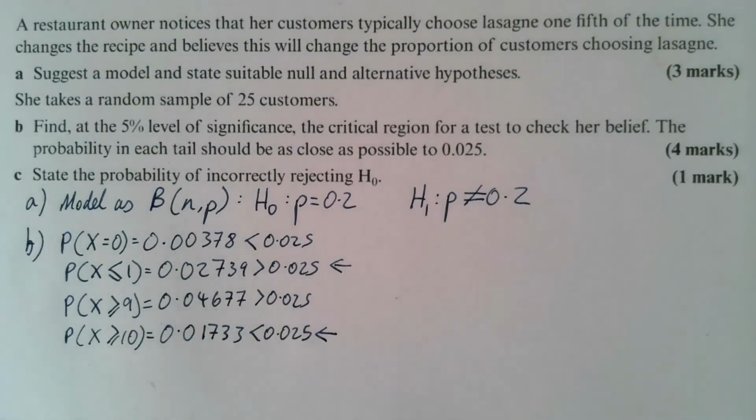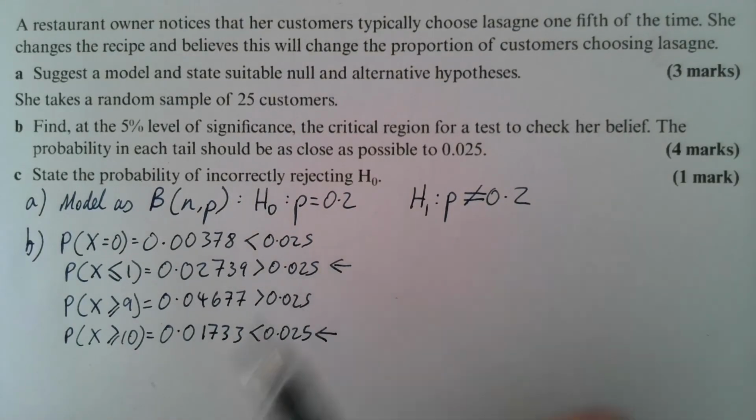So hopefully you got something like this. You probably put in more values before you got to the right ones, but 0 wasn't enough, but 1 was a little bit too much, but definitely the closest to 2.5%. And again with the 9 and the 10, 9 was too much, but 10 or more was too little, but clearly closer to 2.5 than that was.